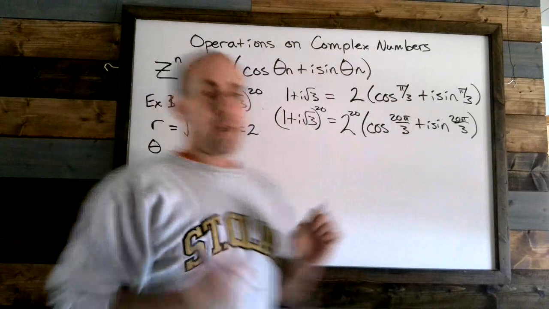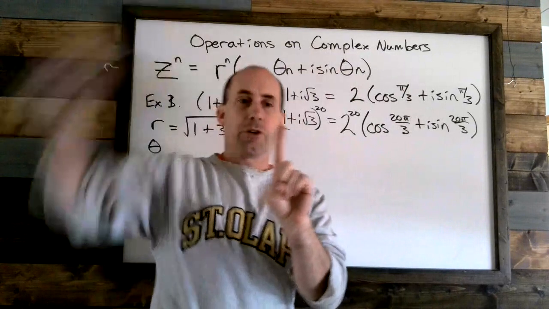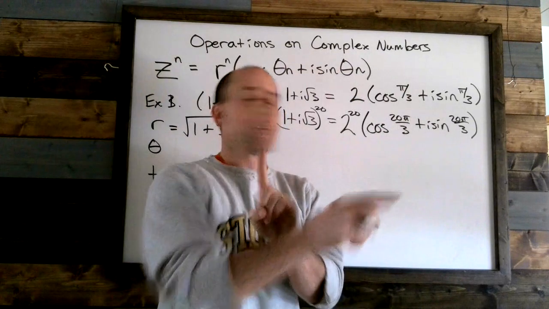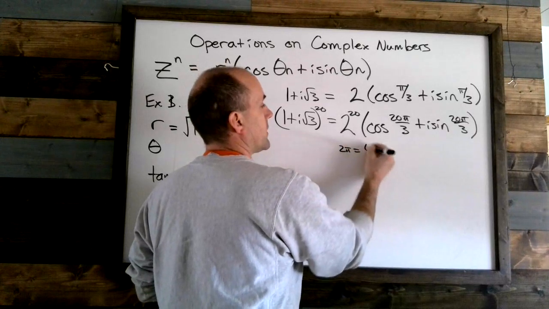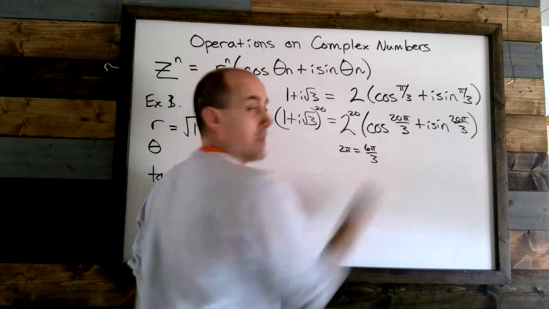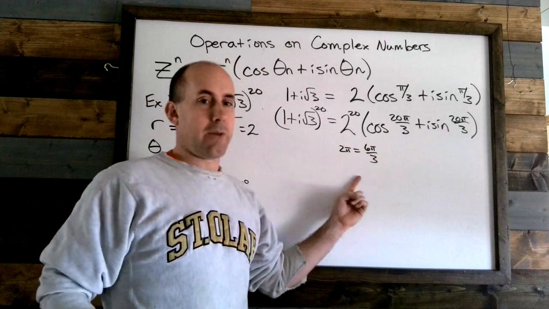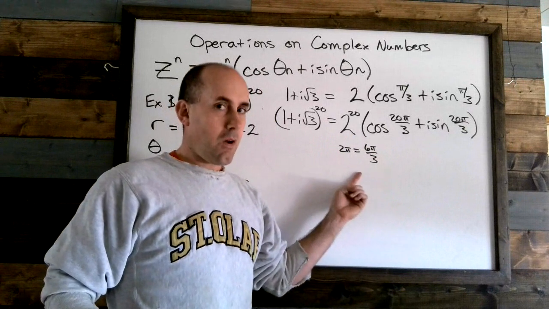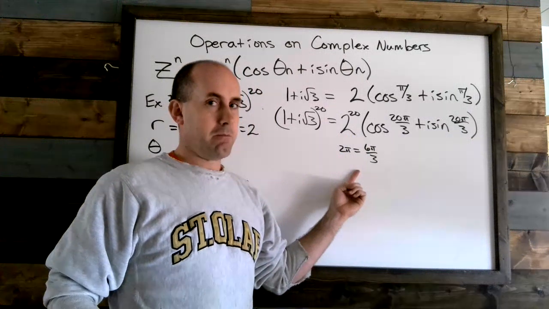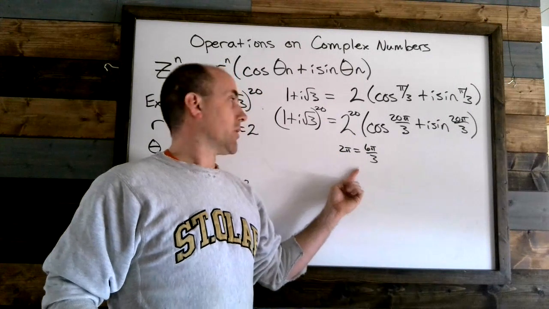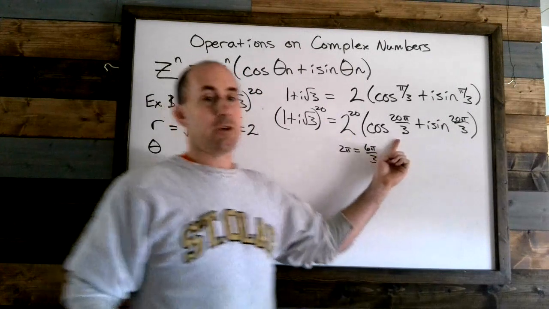So what is 1 full revolution around the unit circle? That's 2 pi, or 6 pi over 3. Sometimes people get confused by this, but everybody agreed that 2 pi and 6 pi over 3 are the same. Okay, good. So then we'll just subtract off a revolution.